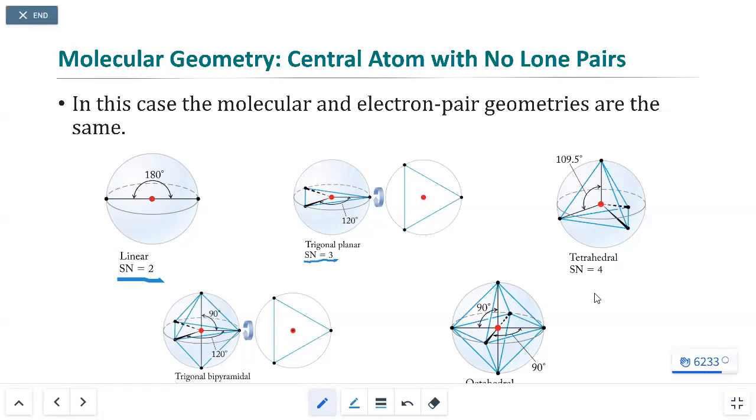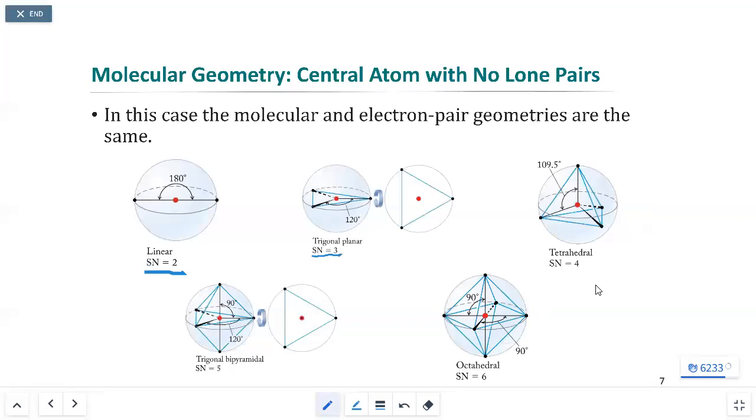When we move on to steric number 5, we'll see that that's not going to be the case anymore. Here we still have that same trigonal shape, but we also see that there's now 3-dimensionality to it. So it's still trigonal, but it's something different.